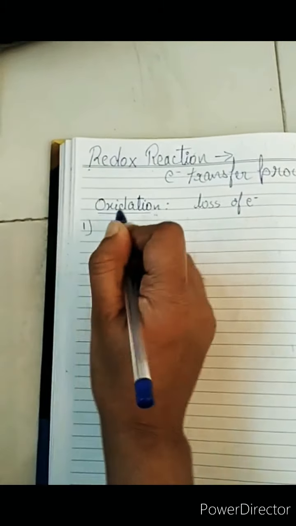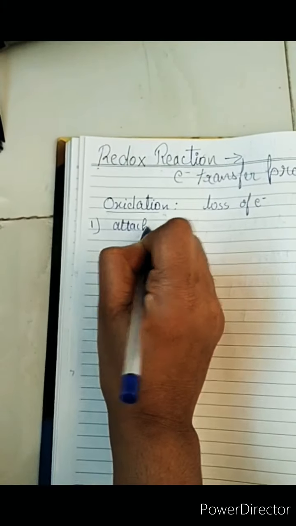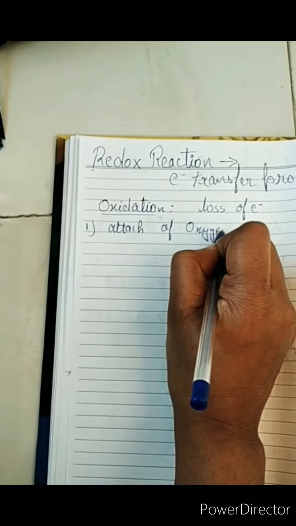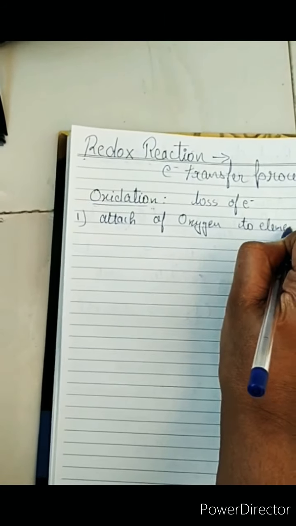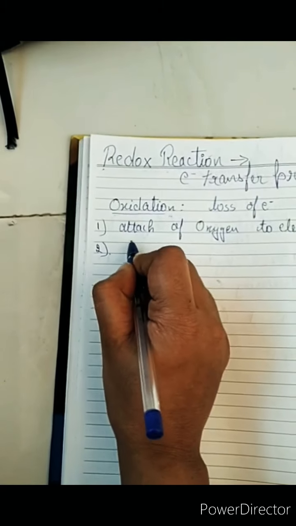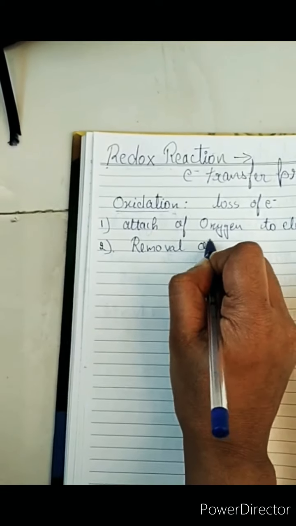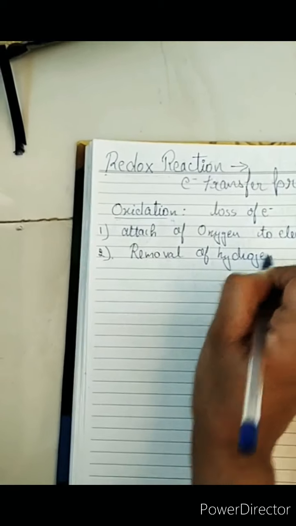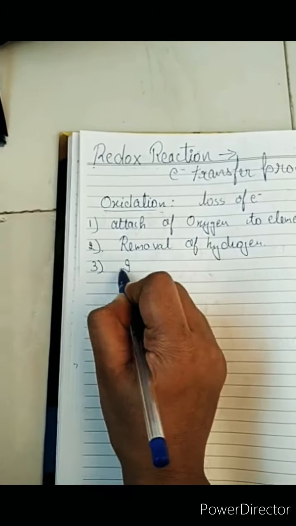Number 1, attachment of oxygen to element. Number 2, removal of hydrogen. And number 3 is increase in oxidation state.